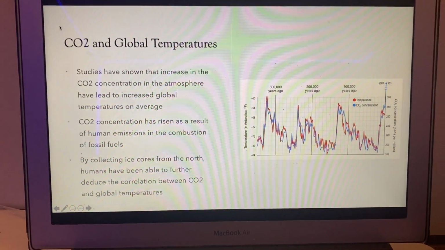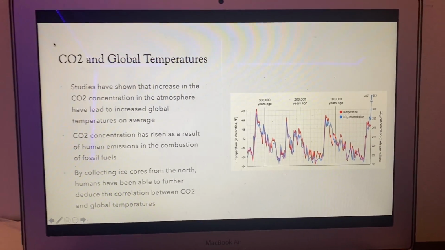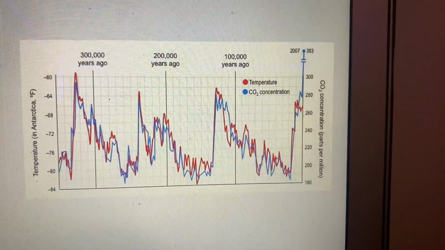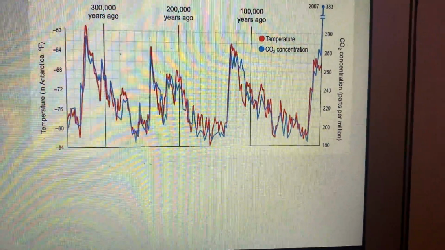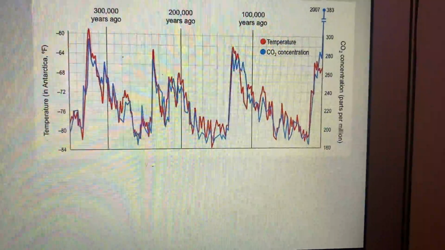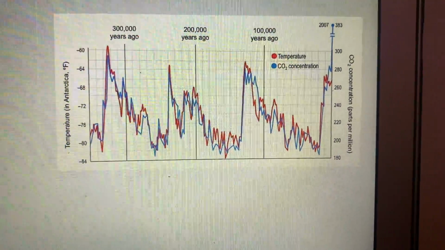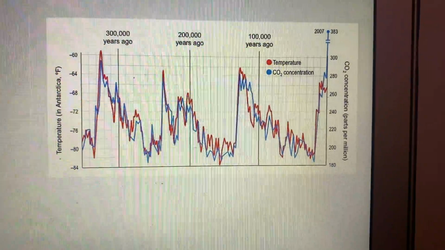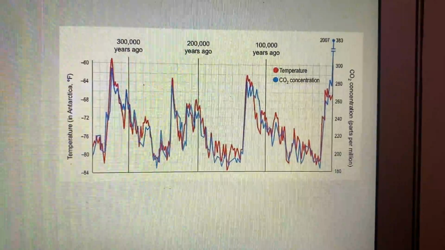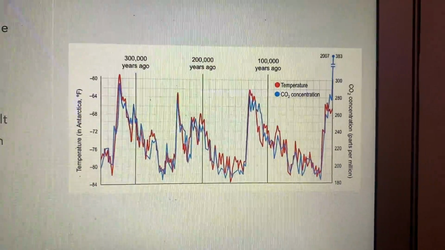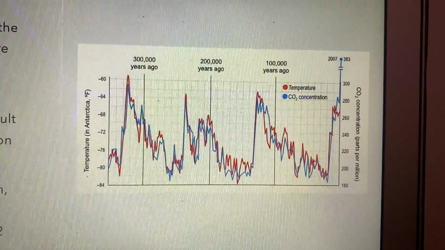Now, like I said, there is a direct correlation between the concentration of CO2 within the atmosphere and global temperatures. As you can see by this graph, where the red line represents temperature and the blue line represents the CO2 concentration, the two are almost directly related to each other. As one decreases, the other may decrease, and as one increases, the other may increase. So 300,000 years ago, when concentration of CO2 was decreasing, so was the global temperature.